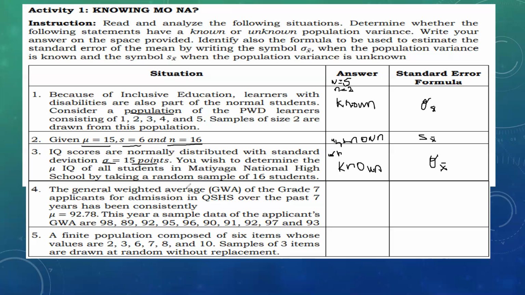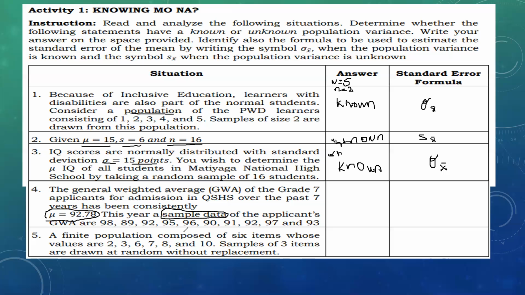The general weighted average of grade 7 applicants with admission of QS over the past 7 years has been consistently the same. So ang given sa atin ay mean of the population. This year, the sample data of applicants were 98, 89, 92, 95, 96, 90, 91, 92, 97, and 93. Sample data, hindi po population data.